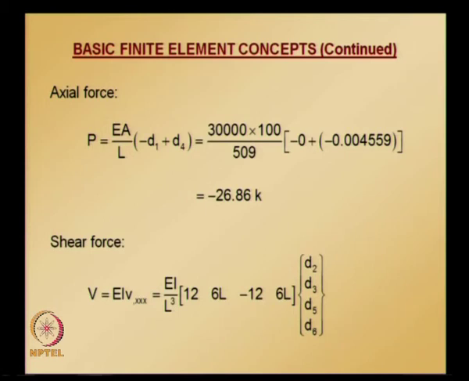d2 is going to be the local displacement in the transverse direction, d3 is moment at node 1, and d2 is transverse displacement at node 1 and d5 is transverse displacement at node 2 and d6 is rotation at node 2.